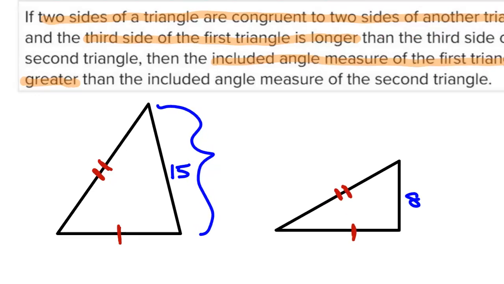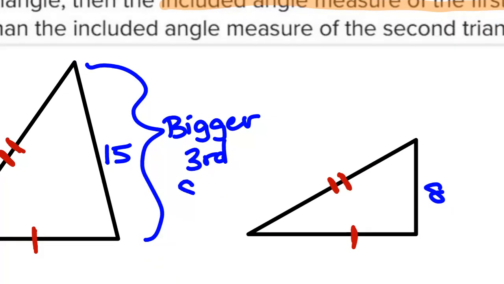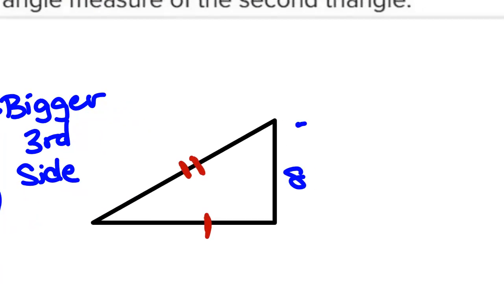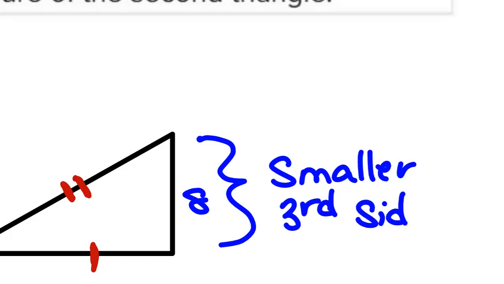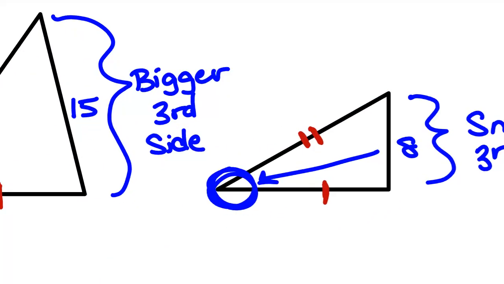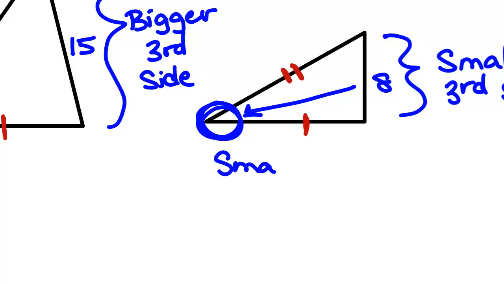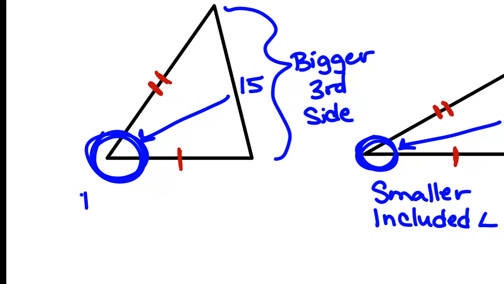So this is very clearly my bigger third side. This one would be my smaller third side. That means this angle right here would be my smaller included angle. And this angle right over here would be my bigger included angle.